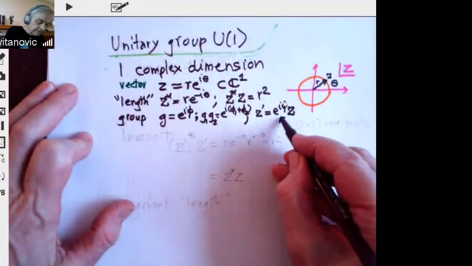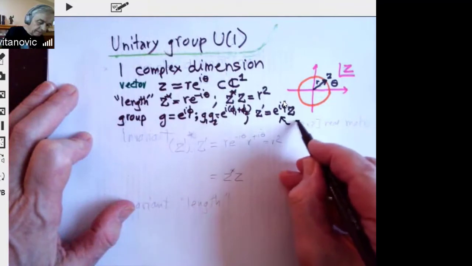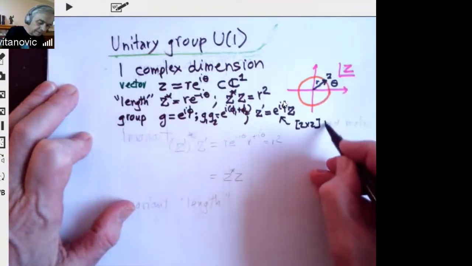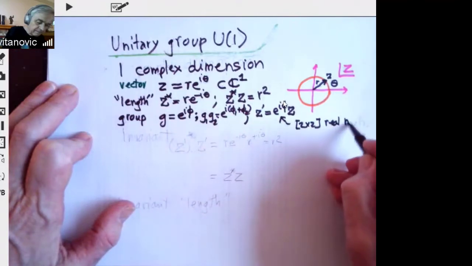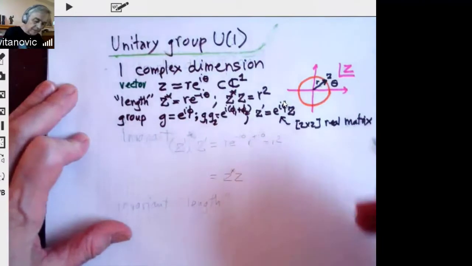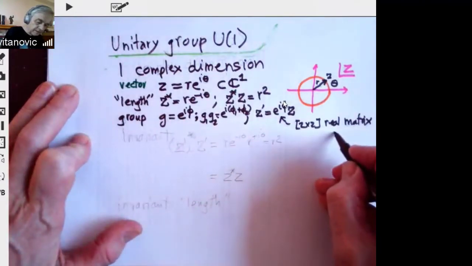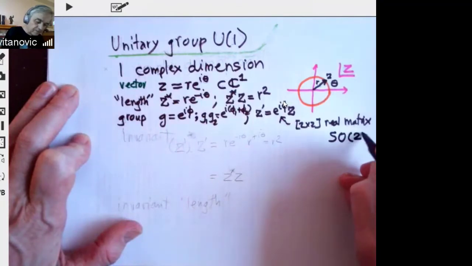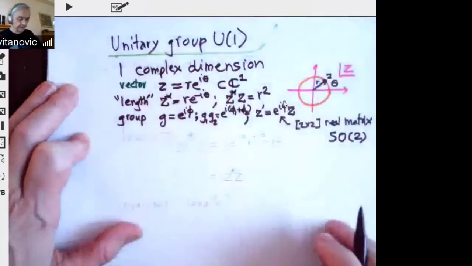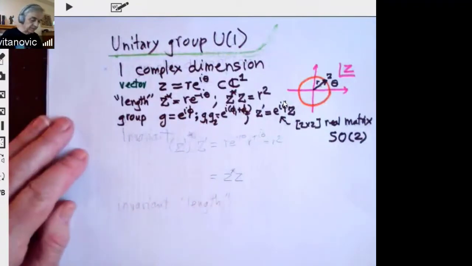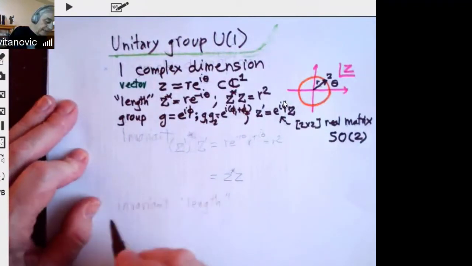And it's a complex number, but you can think of it in this case as a 2 cross 2 real matrix. It's not totally trivial. And if you think of a real matrix, that will be called special orthogonal group in 2 dimensions. So if you think of it in this way, then it's a 2-dimensional thing, not trivial.